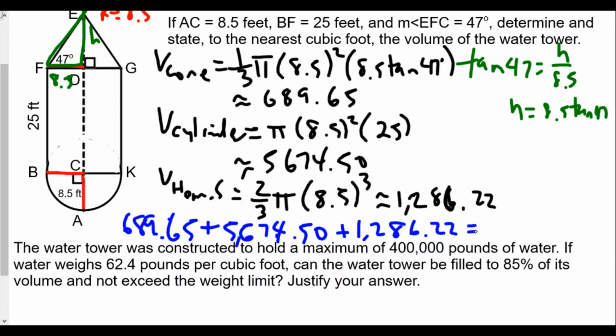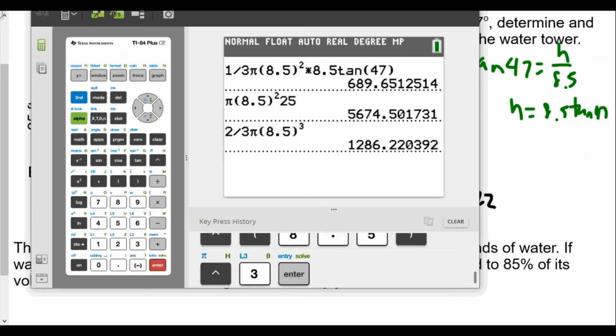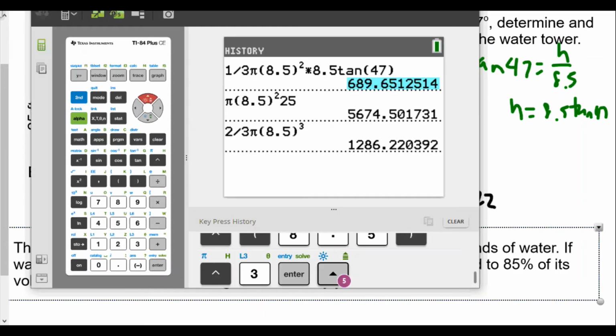The great thing about having everything on a graphing calculator is that you can just grab all the decimals we found. So we're going to go up to our first number and capture all the other decimals, and add to it. Now, will it make a difference? It may or may not. We're rounding to the nearest cubic foot, so whole number, but just in case, hit enter.